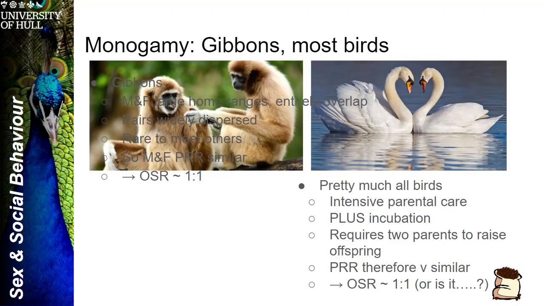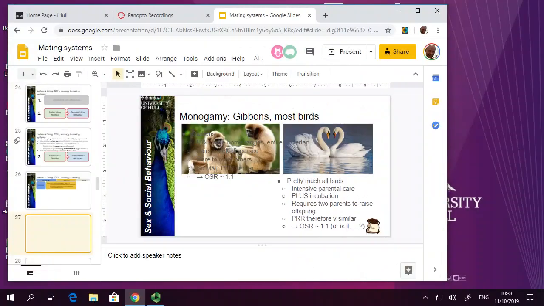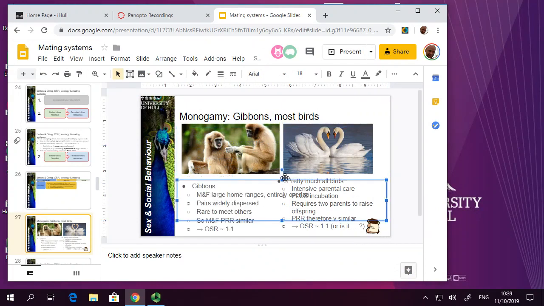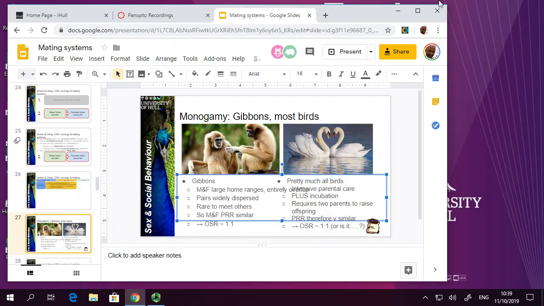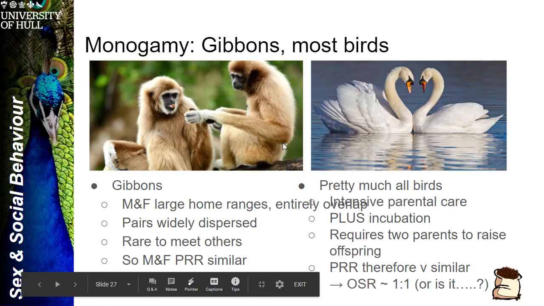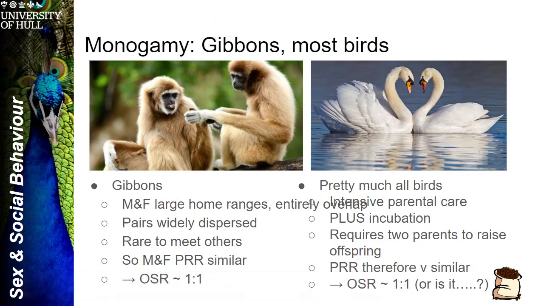Gibbons are a good example of species where males and females have really large home ranges and they overlap entirely. So males and females are both on the same home range, and the pairs are widely dispersed.